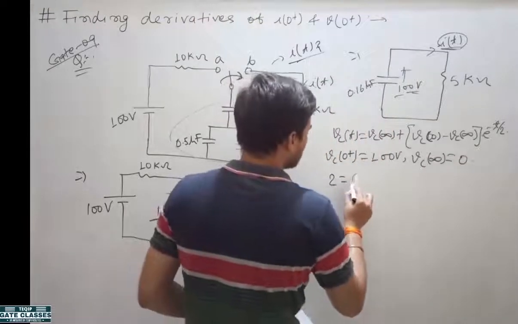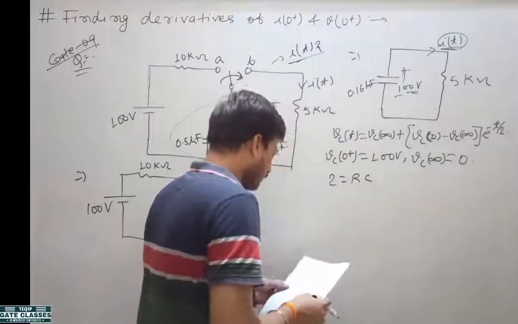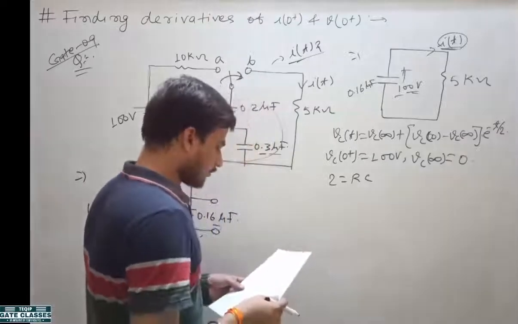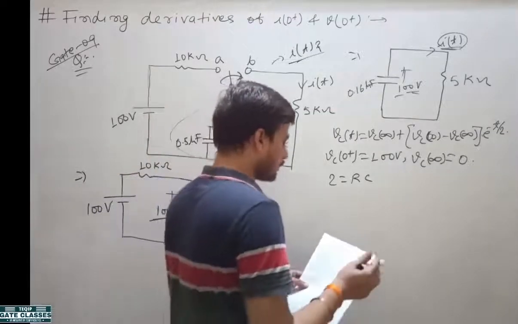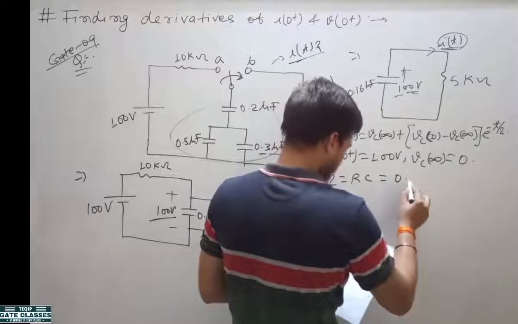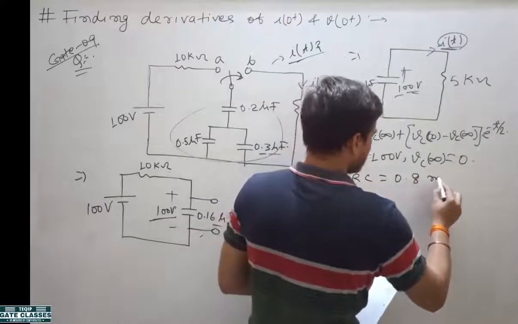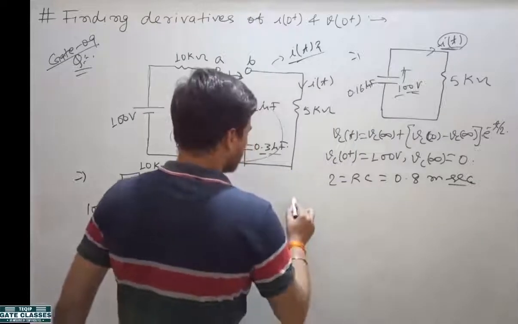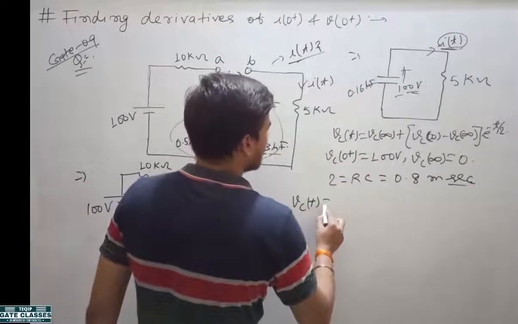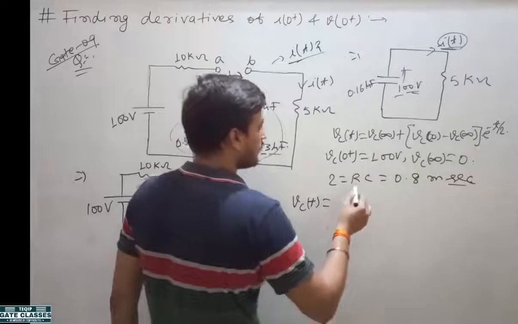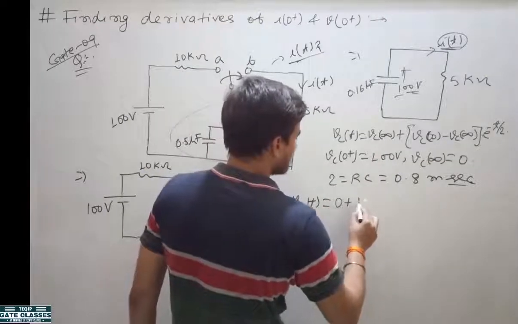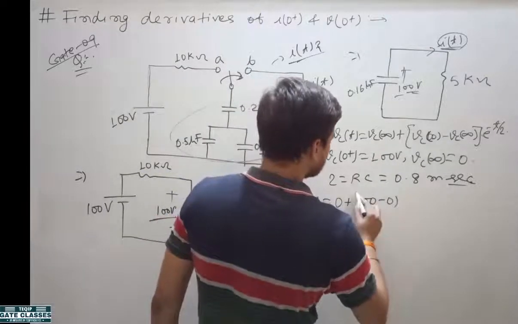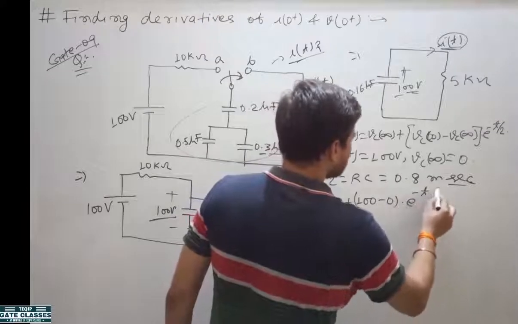Now the time constant is nothing but tau equal to R into C. So here you will get 0.8 millisecond. So you write the expression for VCT. VCT will be how much? VC infinity, which is 0, plus 100 minus 0 into e to the power minus t divided by tau.